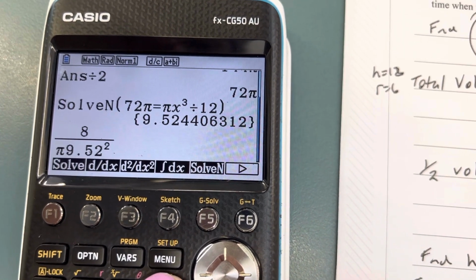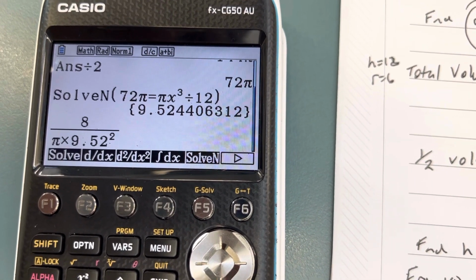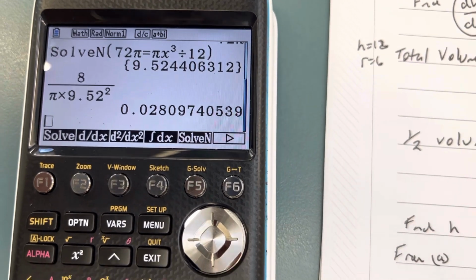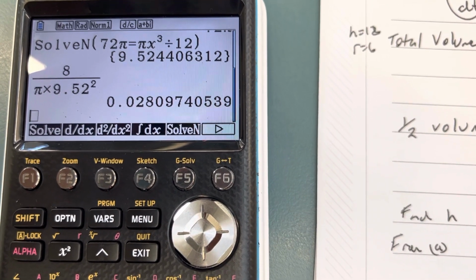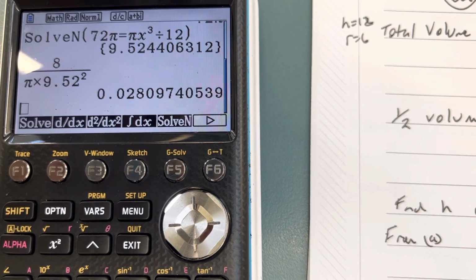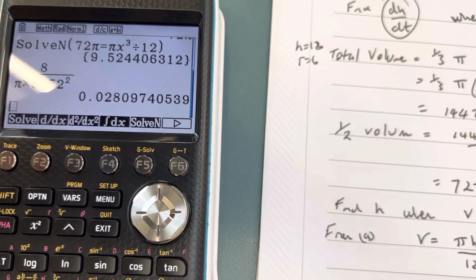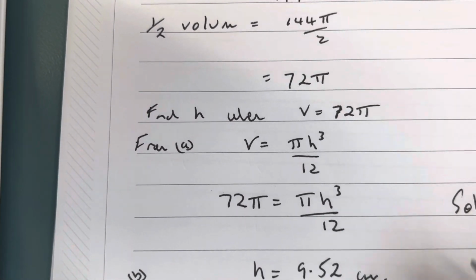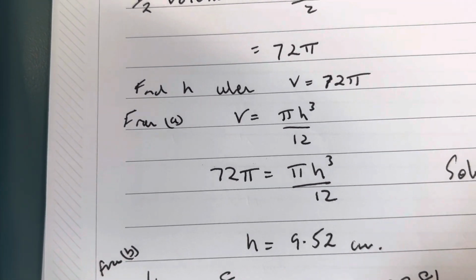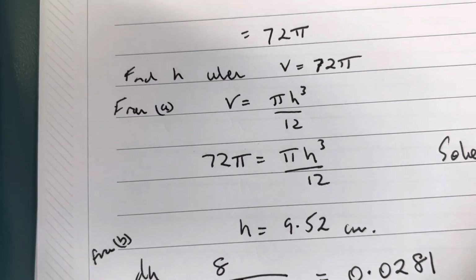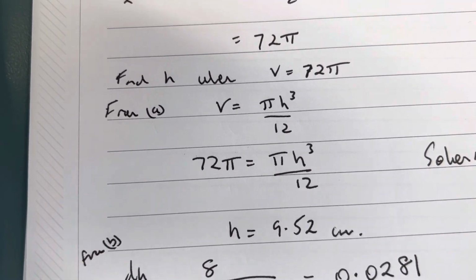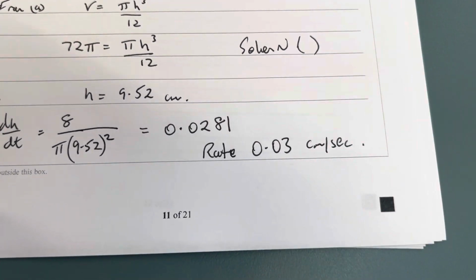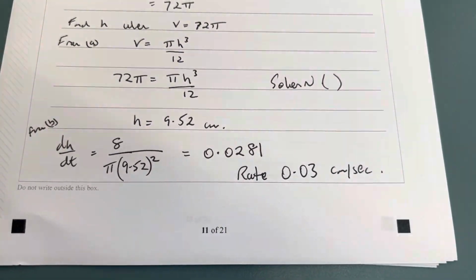Oh, exit. Didn't like that. Put the times in there. There we go. 0.0281 would be my answer. Got to go to 2 decimal places, so the rate is 0.03 centimetres per second, rounding off to 2 decimal places as I go.